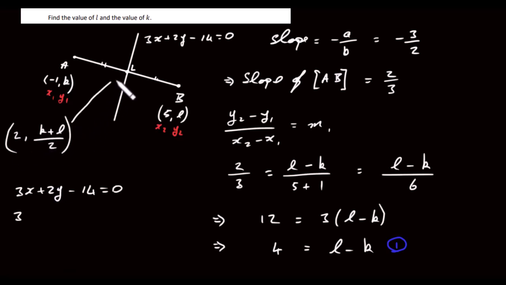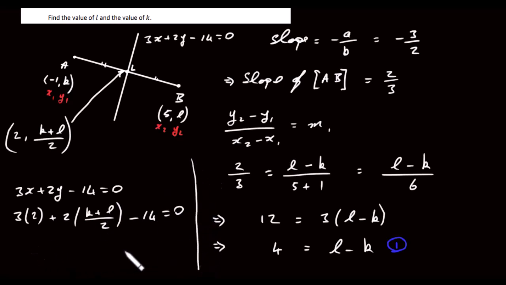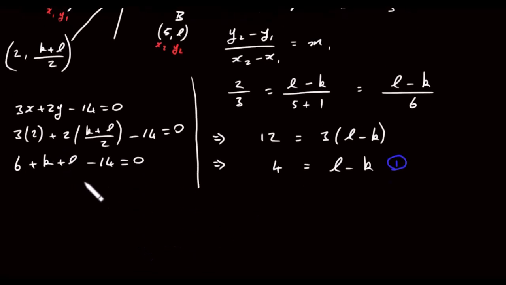So x is 2, y is k plus L over 2: 3 times 2, plus 2 times (k plus L) over 2, minus 14 equal to 0. So what have we got here? We've got 6, the 2's will cancel, plus k plus L minus 14 equal to 0. That will give me 6 minus 14, that's -8, bring it over to the other side, you get 8. So this gives me k plus L is equal to 8.